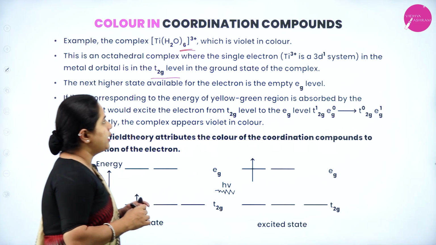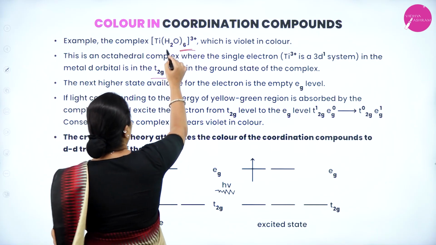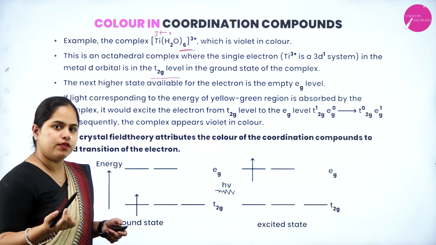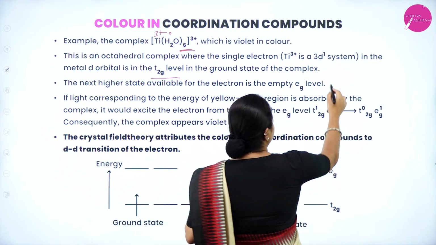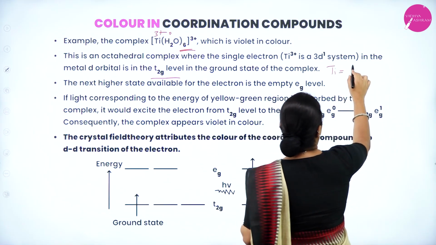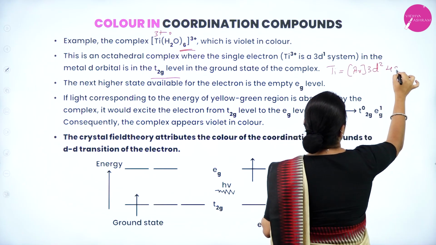So what does that mean? Titanium. What is the oxidation number of titanium here? Aqua is neutral, so of course the oxidation number of titanium will be 3+, right? The electronic configuration of titanium will be argon 3d2 4s2. Right.